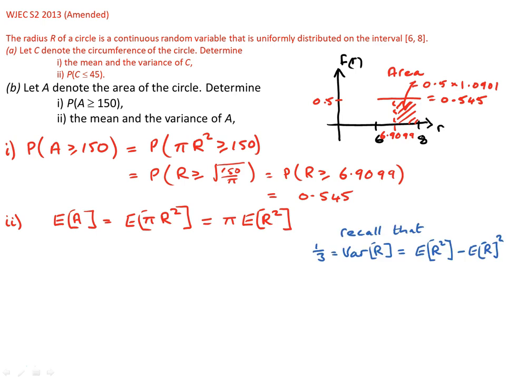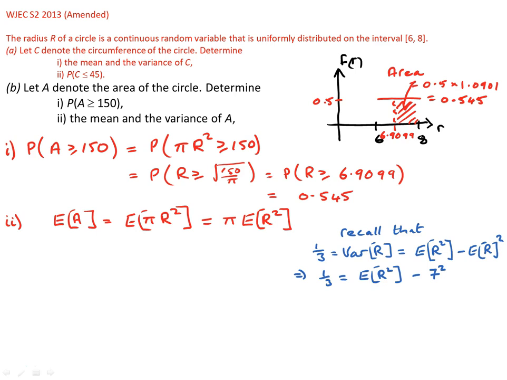But remember, we know that the variance of r is 1/3, and the variance of r is the expected value of r squared, take away the mean of r squared. So we've got 1/3 is the expected value of r squared, take away 7 squared. Of course, we've already found out the mean of r, the expected value of r is 7.